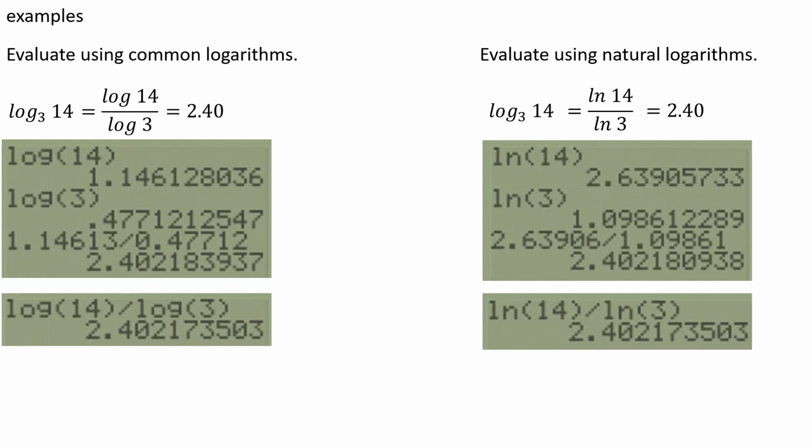Those two answers are identical: 2.402173503. So if I just go straight into the calculator and punch the buttons straight through and don't do any rounding until the very end, I'm going to have identical results. So you can use log if you want to use log. You can use natural log if you want to use natural log. You'll get the same result.